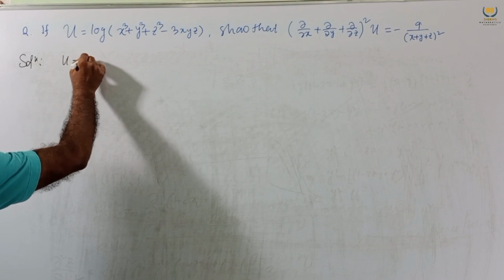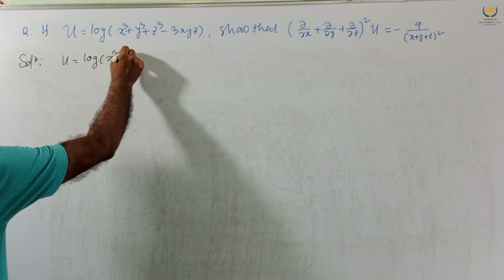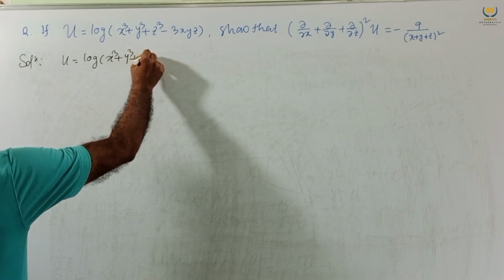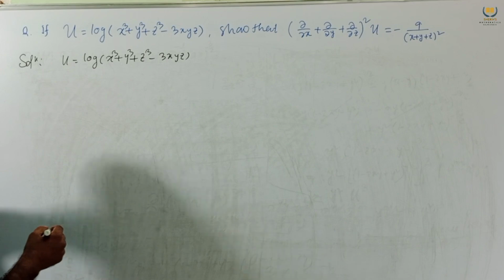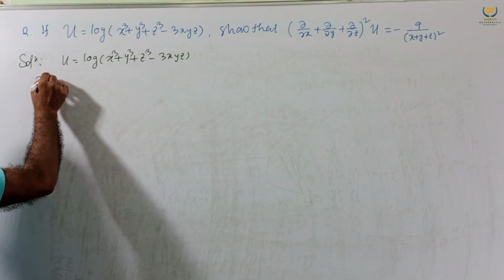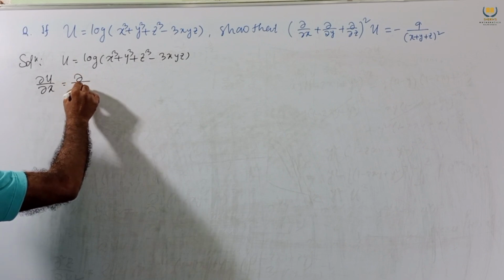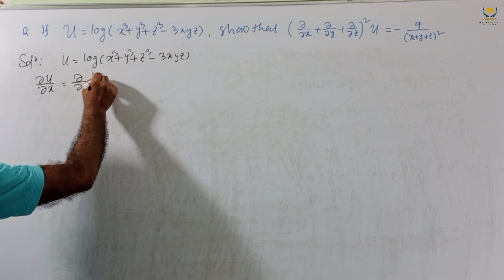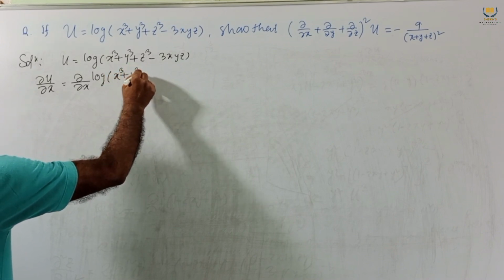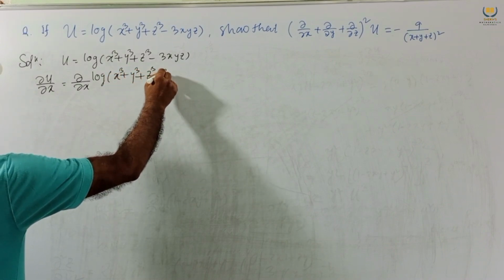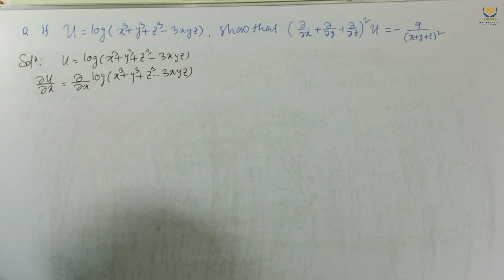u is given as log of x³ + y³ + z³ - 3xyz. First we differentiate partially with respect to x. ∂/∂x of log(x³ + y³ + z³ - 3xyz).